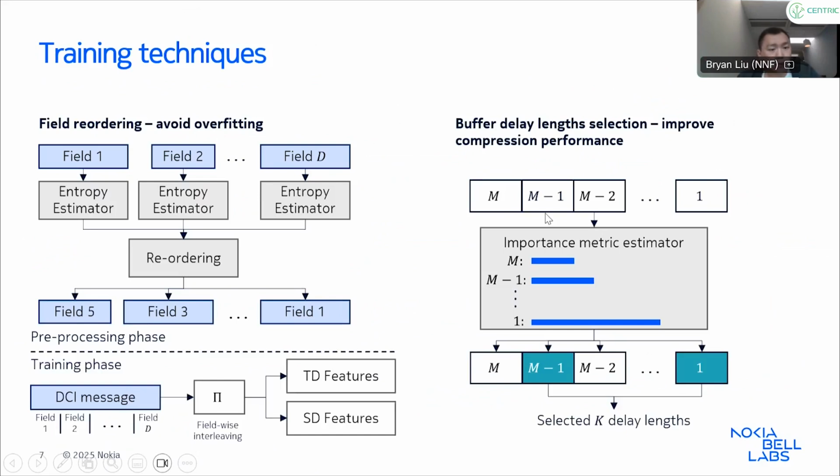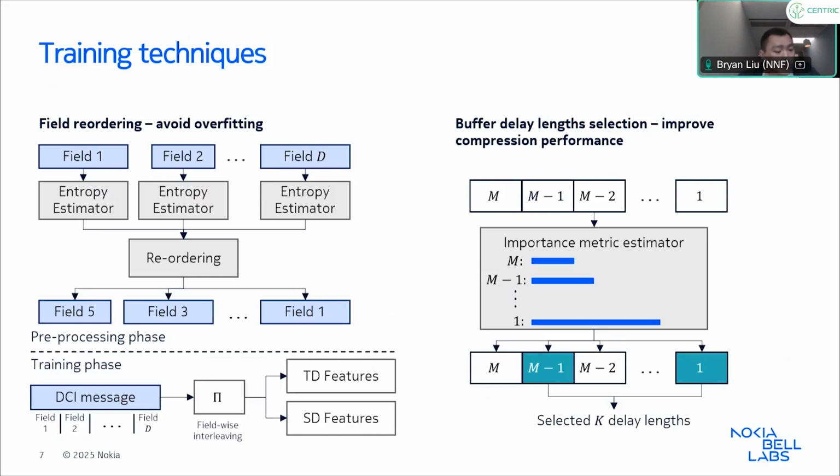During the research work, we investigated some training techniques to further improve the compression ratio of the transformer-based architecture. This slide shows two training techniques we investigated. One is field reordering, because talking about machine learning model training, one common problem we might encounter is overfitting.